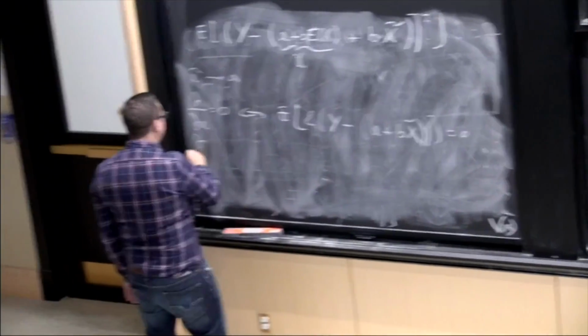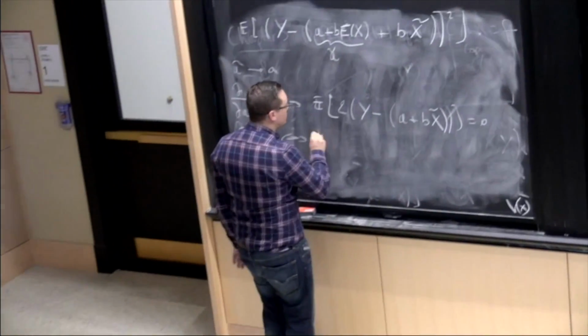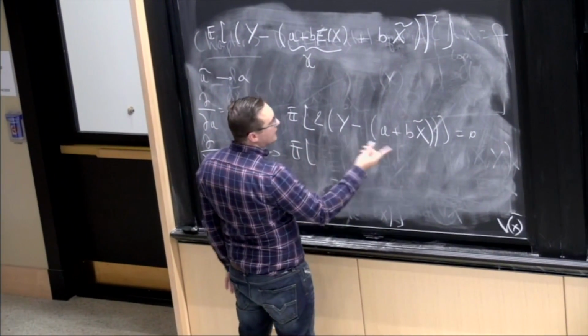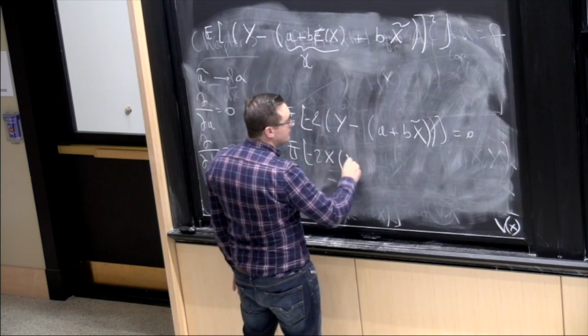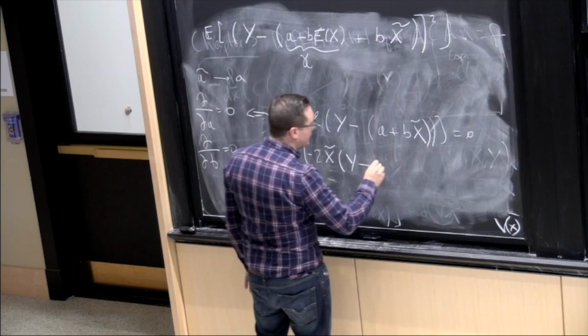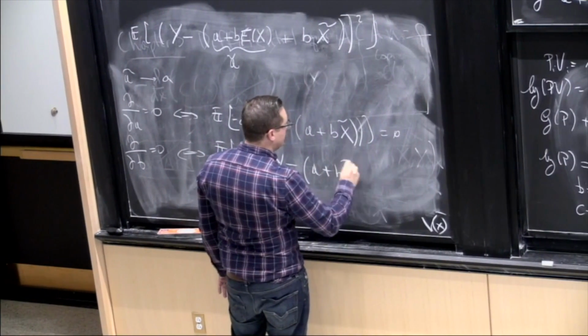And then I also have that the derivative with respect to b is equal to 0, which is equivalent to the expectation of, well, I have a negative sign somewhere, so let me put it here, minus 2 x tilde (y minus (a plus b x tilde)).